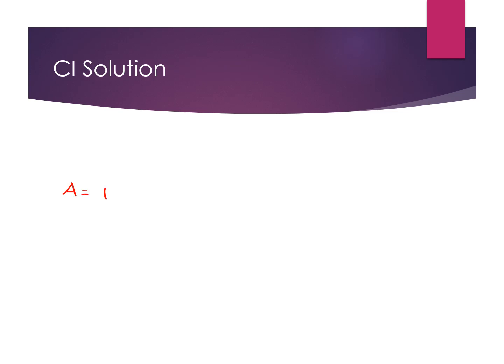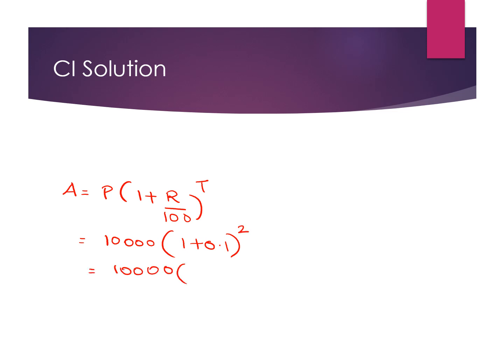Amount is equal to P into 1 plus R by 100 whole raised to T, where P is given as 10,000 into 1 plus R by 100, that is 10%, which is 0.1, time is 2 years. This is 10,000 into 1.1 whole square, which is equal to 12,100.